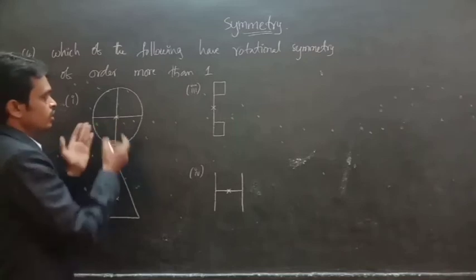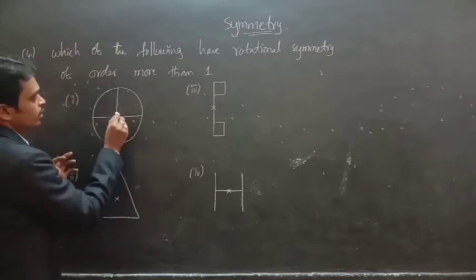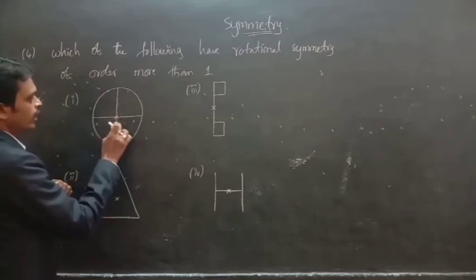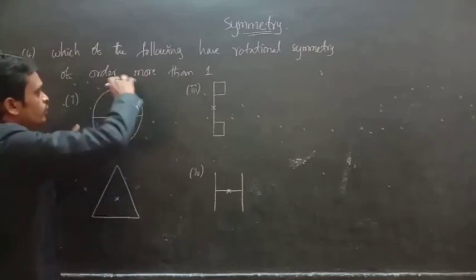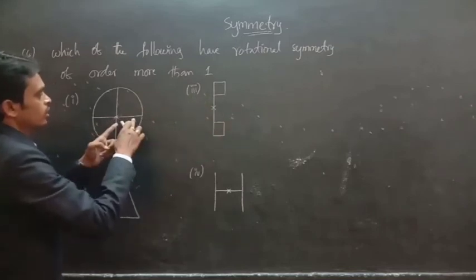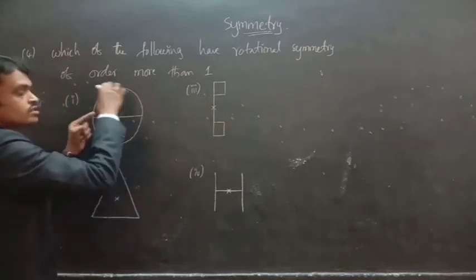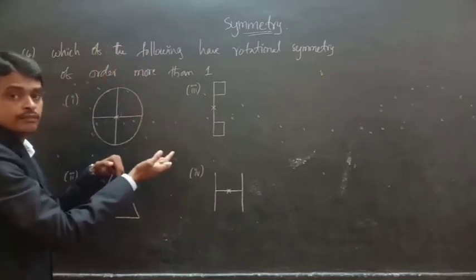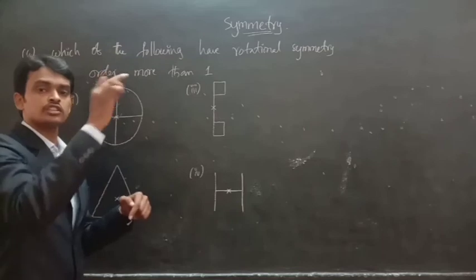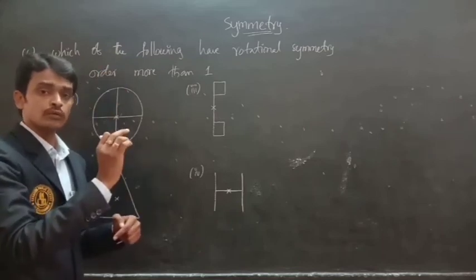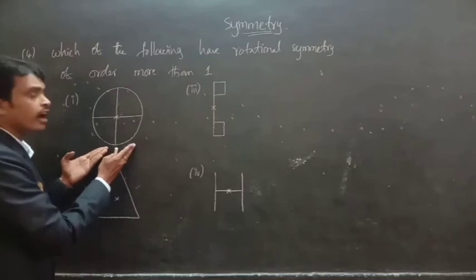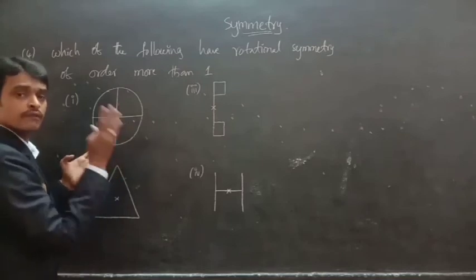Look at here, the angles are 90 degrees. If we rotate at 90 degrees, this circular shape coincides with itself. In a total rotation of 360 degrees, that is 4 times. Then this figure has an order of rotational symmetry of 4.